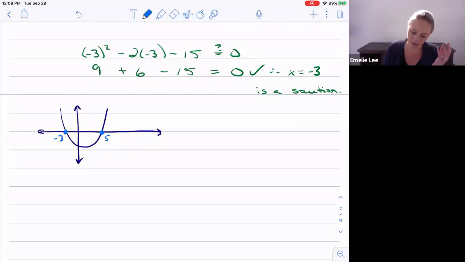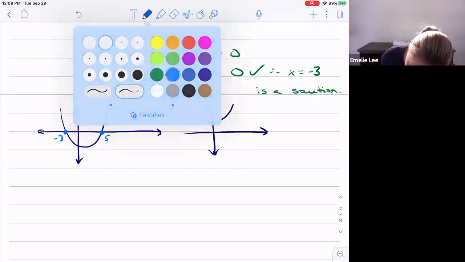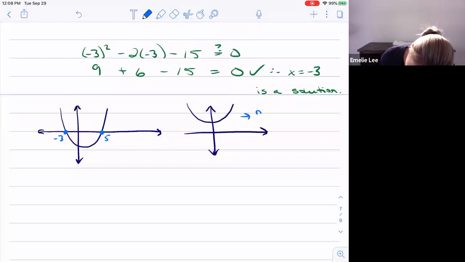There are times when you might have something that looks like this. Maybe you have a parabola that looks like this. This would have no solutions. We'll talk about that more later, but for now, everything's going to have solutions.